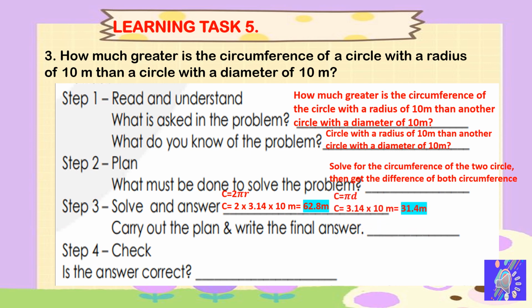Then let us solve for the circumference of the second circle, which has a diameter of 10 meters. Since the diameter is given, the formula that we are going to use is C equals pi d. So, conversion again: 3.14 times 10 meters, that is equivalent to 31.4 meters.